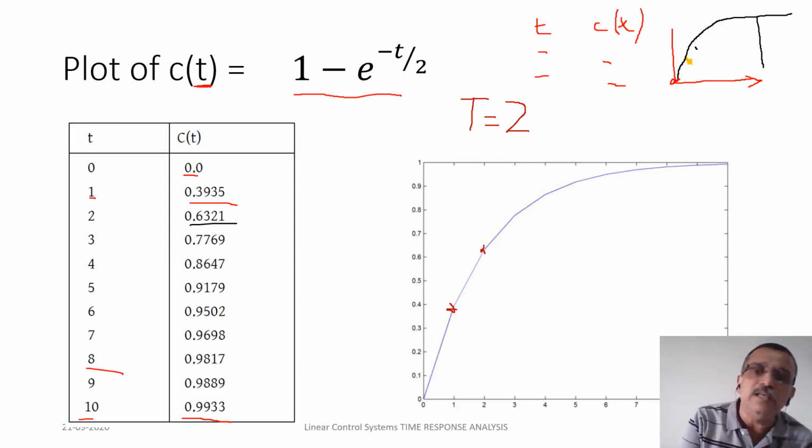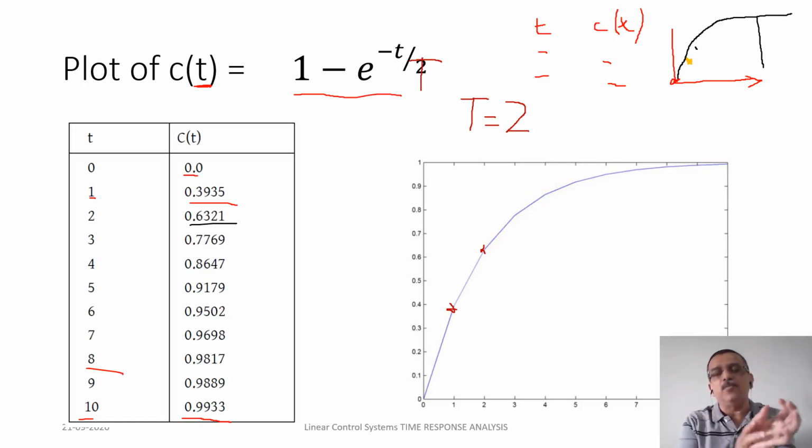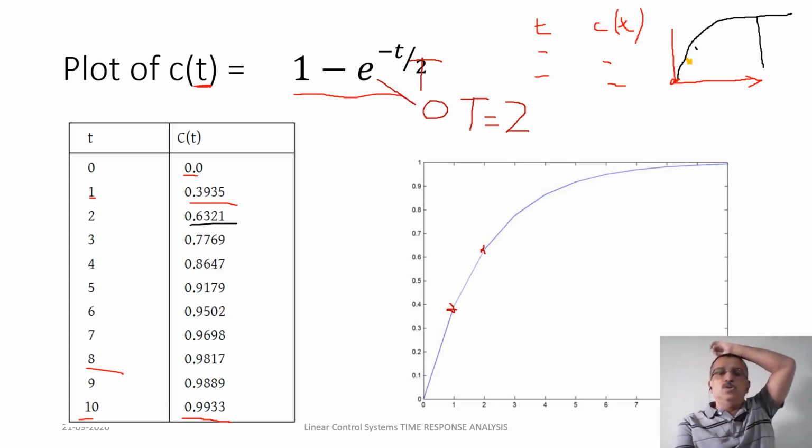You know that in the general expression, it was capital T. So once this is 2, when t becomes 10, the expression will become 1 minus e power minus 10 by 2. Minus 10 by 2 is minus 5, and e power minus 5 is a very small number. So this will go to 0, and the response will become 1.